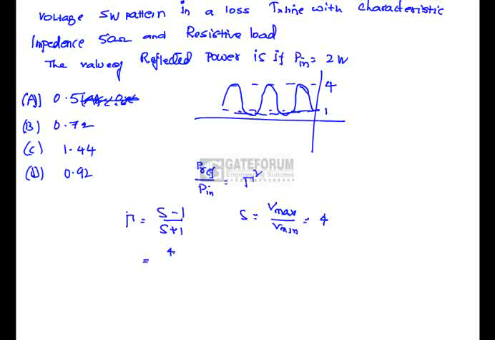So gamma is 4 minus 1 by 4 plus 1, that is 3 by 5, so gamma square is 9 by 25, which equals 0.36. So power reflected is 0.36 into 2, as the incident power is 2 watts as per the data given in the question. So it is going to be 0.72 watts. That is option B is correct.